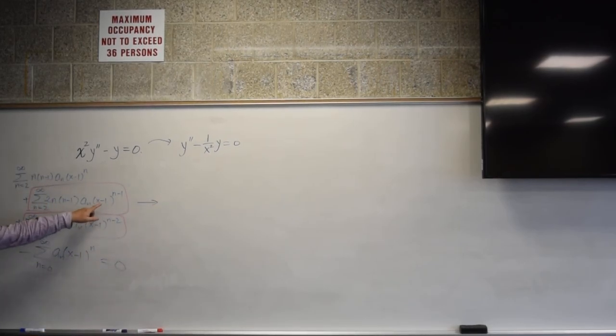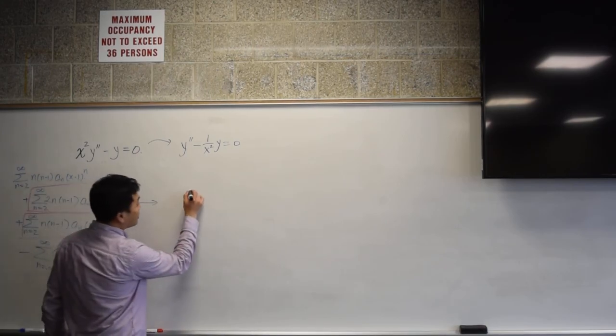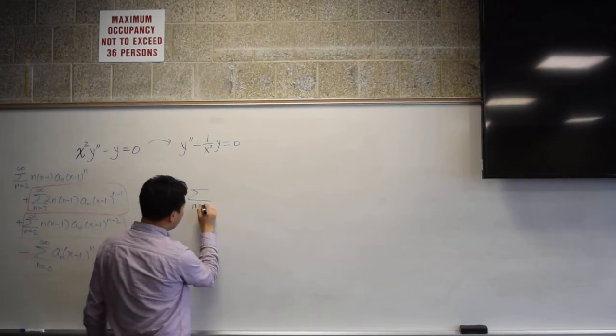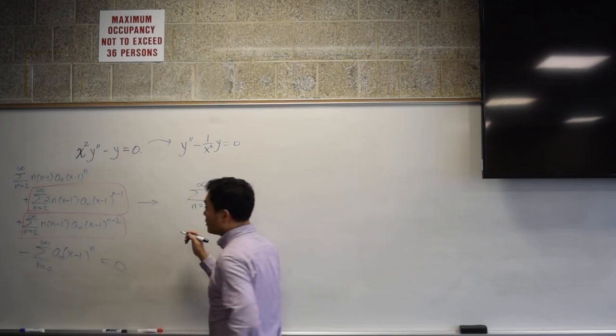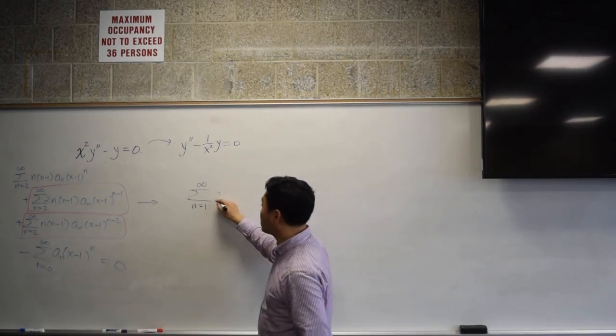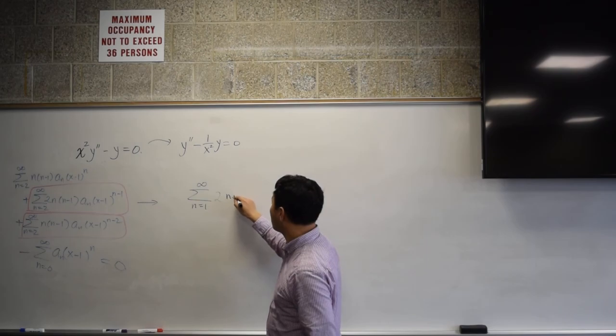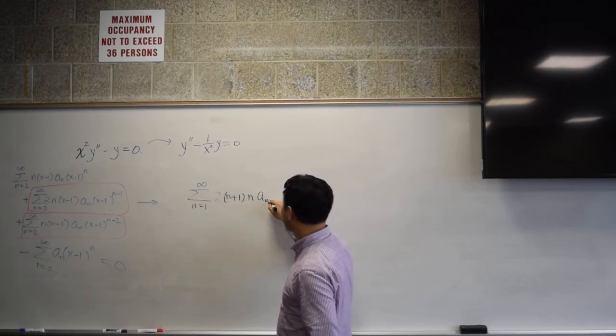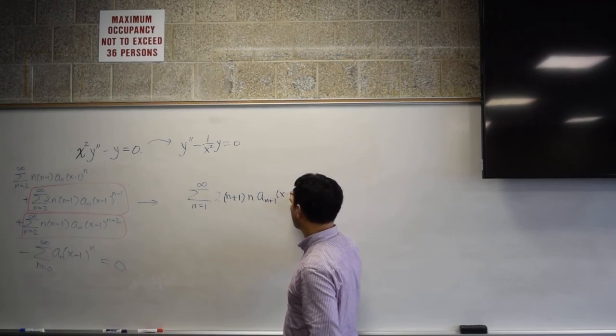So first of all, for this one, in order for this to be n, I need to replace n by n plus 1. So n plus 1 equals 2. Solving for n, what do I get? N equals 1 to infinity. And then 2 times (n plus 1) times n, a_(n plus 1), x minus 1 to the nth power.